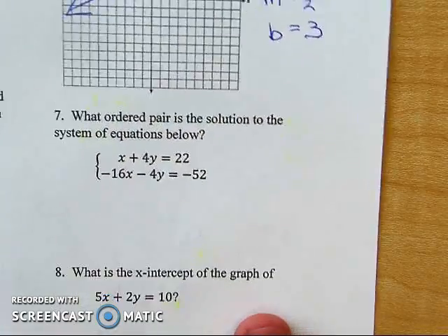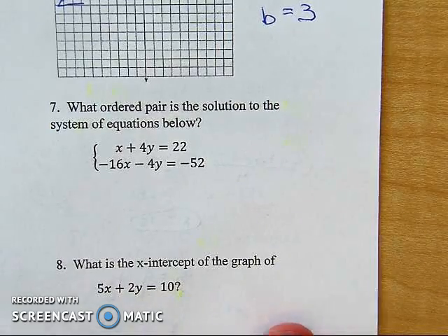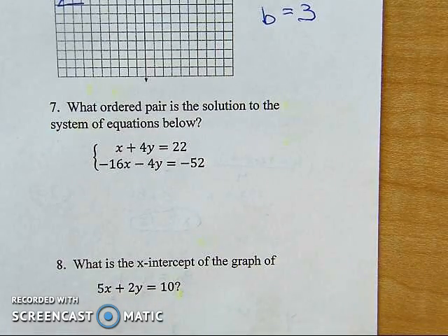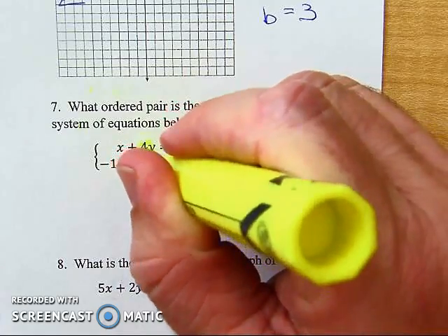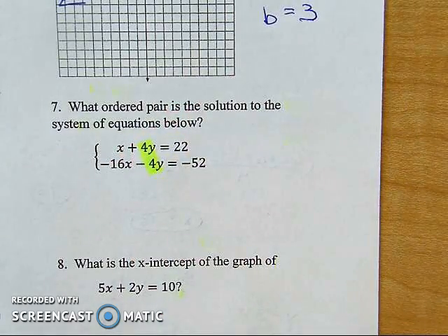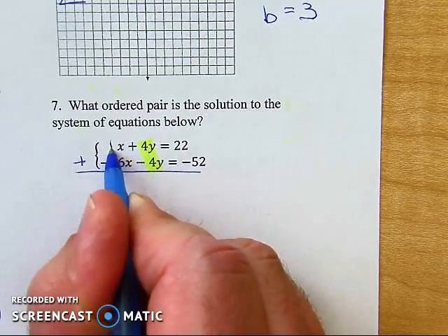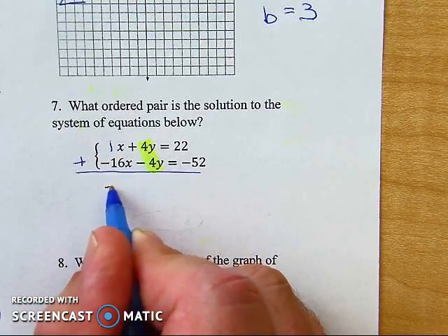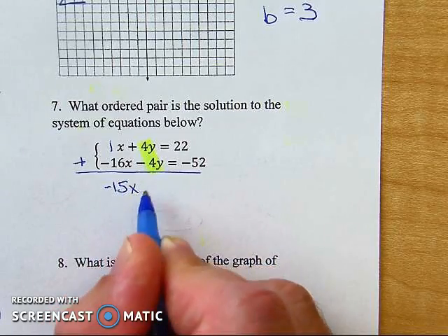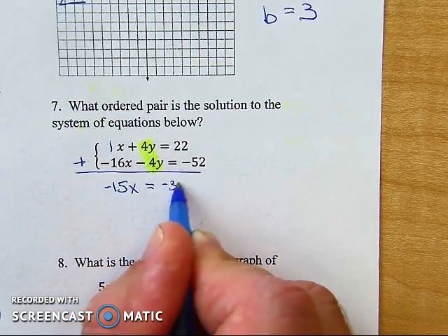All right, number 7. If you take a look at this, you're going to notice that the y's are going to cancel. So these are opposites of each other. So if you add these together, remember that's a 1 right there, add them together, you're going to get negative 15x is equal to negative 30.